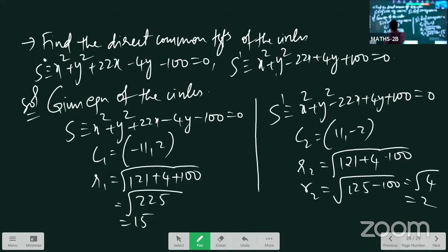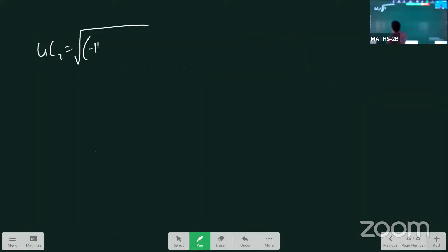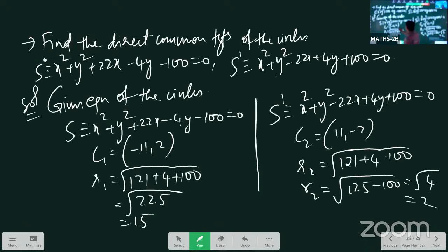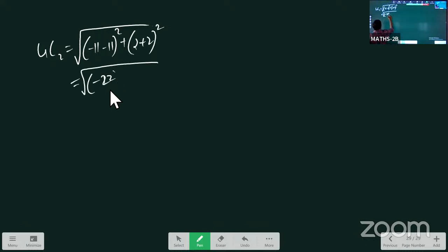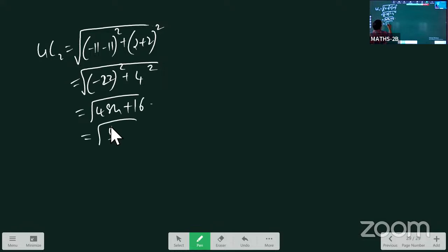See, x1 minus x2, minus 11 minus 11, whole square, plus y1 minus y2, 2 plus 2, whole square, minus 22 whole square plus 4 square. 22 whole square is 484 plus 16, root 500. Keep it like that. So C1 C2, what I got is root 500.